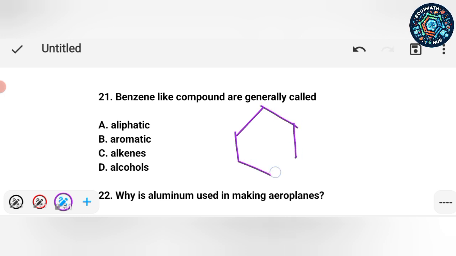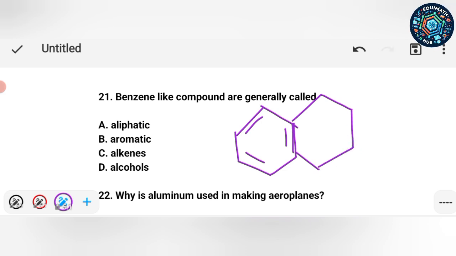So this is benzene, for example. This is the structure of benzene. You also have another one called naphthalene. That is if you pair another benzene molecule by the side like this, you're going to have what is called naphthalene. Keep that in mind. Benzene and benzene-like compounds are called aromatic compounds.